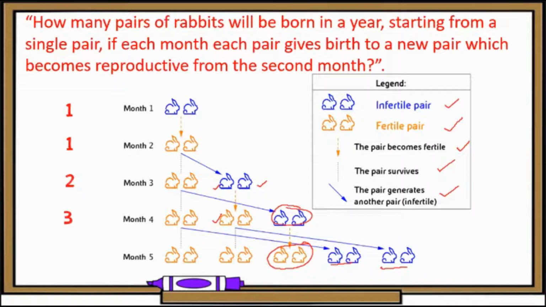Month 4, 3 pairs. Month 5, 5 pairs. If we continue this sequence, we can have 8 pairs for the 6th month and 13 pairs for the 7th month. Just like the Fibonacci sequence.